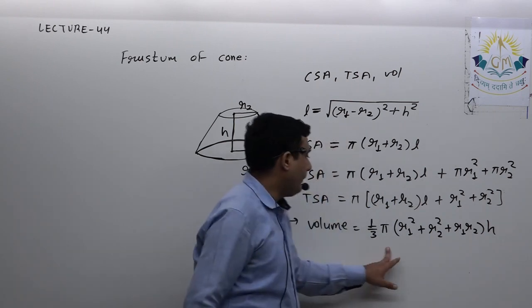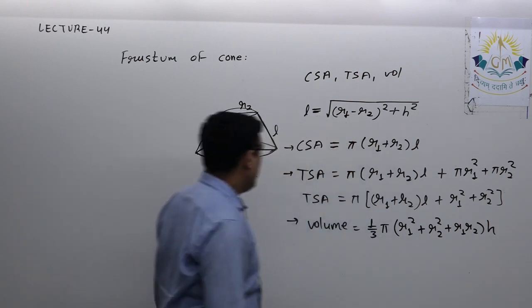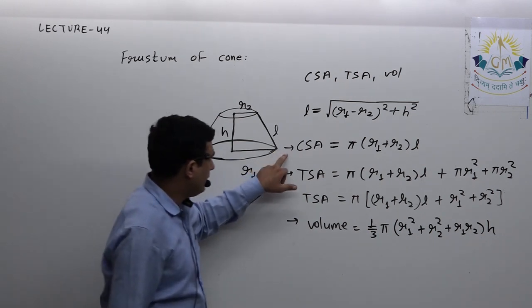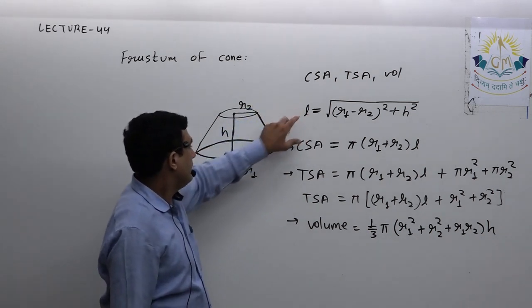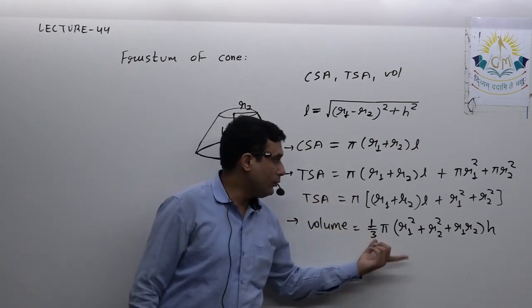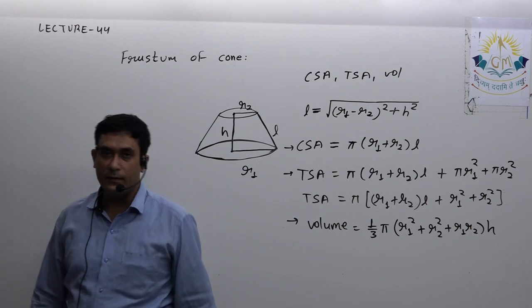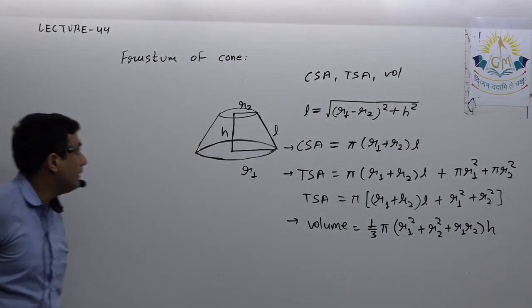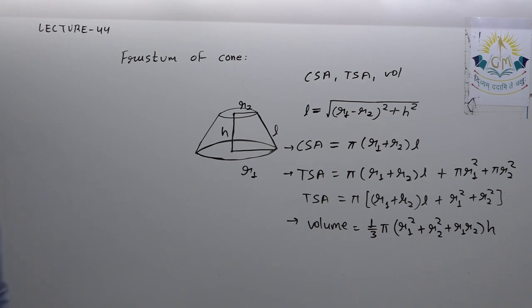So this is the volume of the frustum of a cone, along with the TSA and CSA of the frustum, and L is the slant height. As I told you, in general I consider R1 as the greater radius among the two given radii. Please note down this frustum of a cone, and then we'll start questions based on this chapter.